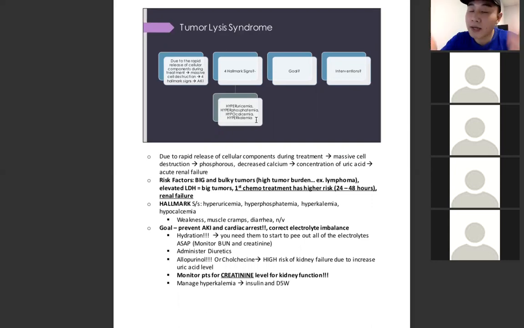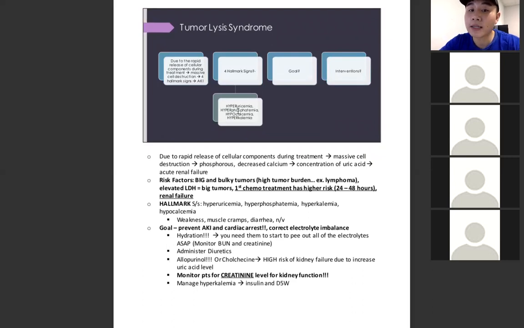When we do radiation or chemotherapy and kill these cells too rapidly, the cells will burst and release all of the contents inside, which include uric acid, phosphate, and potassium. When it releases too much of those electrolytes or substances into our body, it will lead to tumor lysis syndrome and can lead to hypotension, acute kidney injury, and issues like that.